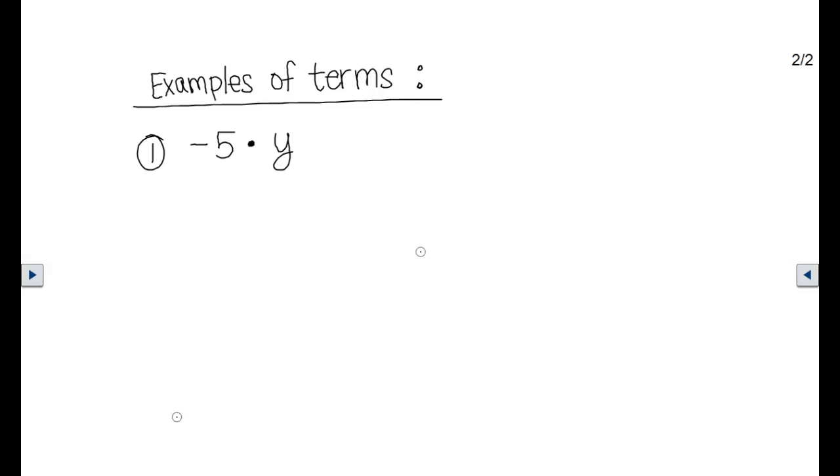Now, real quickly here, one of the things we want to do in algebra is get used to writing things with the smallest number of symbols possible. So you all are aware of the fact that this dot here is not really necessary for showing that I'm multiplying. If I want to do -5 times y, I can just write them beside each other. Now I want you to listen very carefully here.